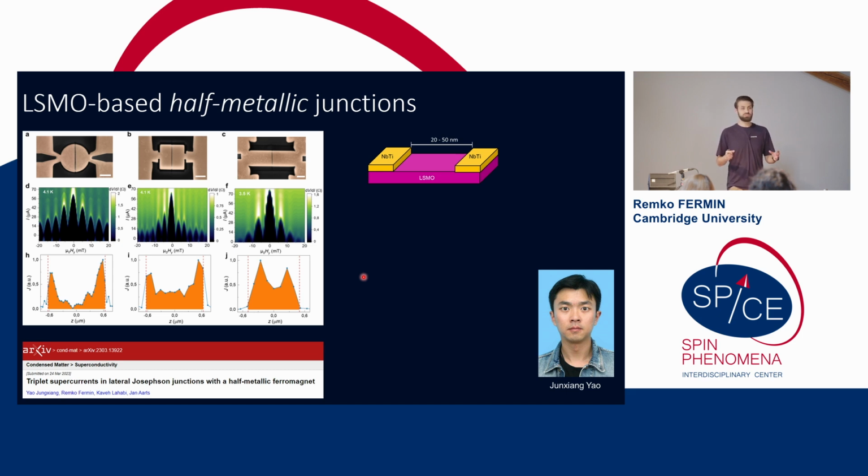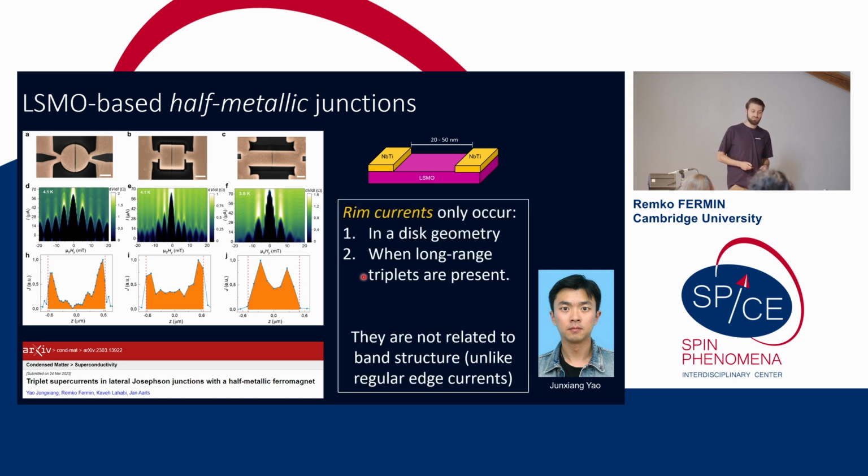Whereas if we structure this same device into a disk by subsequent milling steps, then we actually find that the critical current is distributed mostly on the edges of the device, namely these rim currents. So this leads to the conclusion that these rim currents occur only in disk geometries, and they only occur when long-range triplets are present.